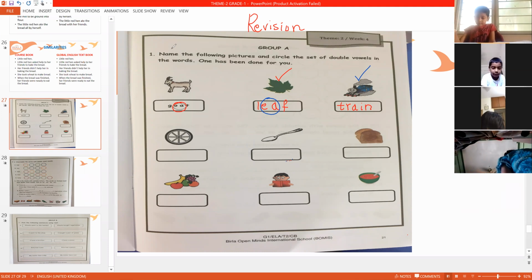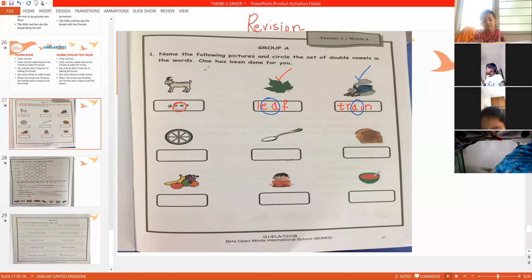Now tell me, how many vowels can you see there? Yes, two vowels we can see. What are the two vowels you have there? Listen to me. How many vowels are there in train? Two vowels. A and I.